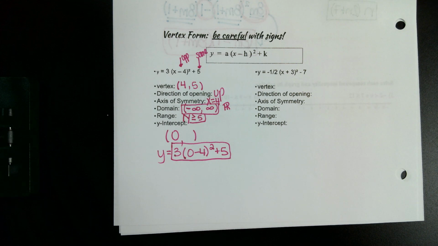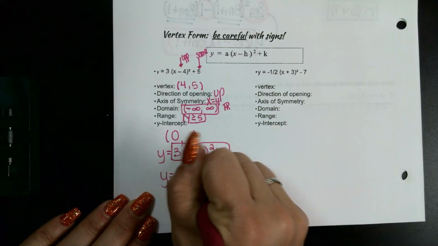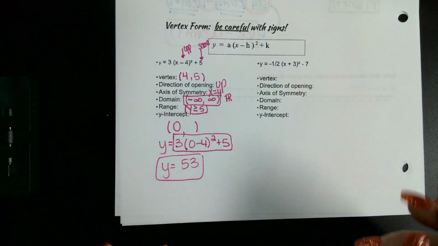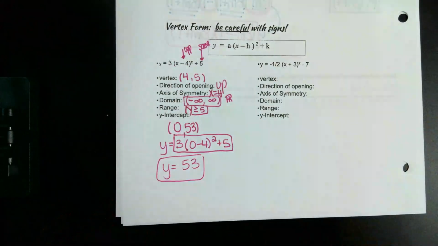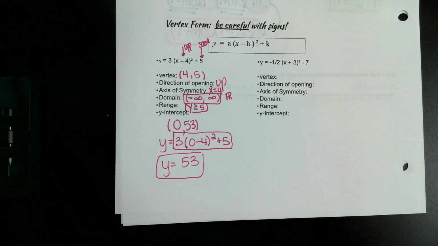You should be getting 53. So see, a picture wouldn't have even helped because we wouldn't have had a graph that big anyway. So anytime you need to find the y-intercept without a picture, you just plug in 0 for x.